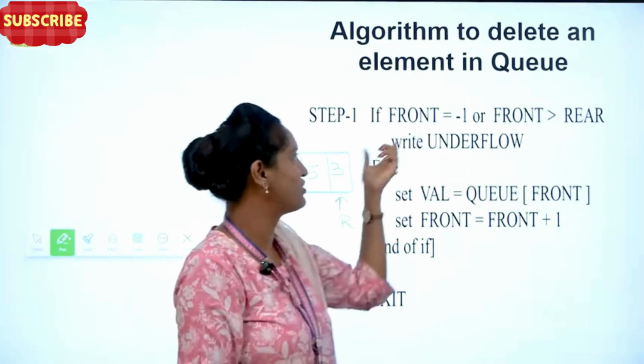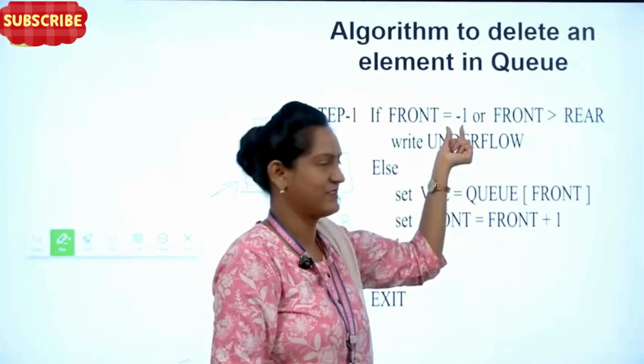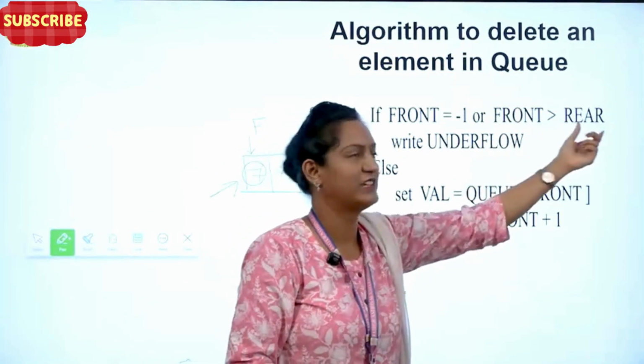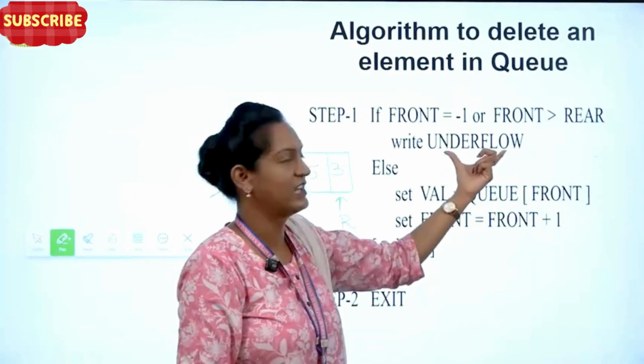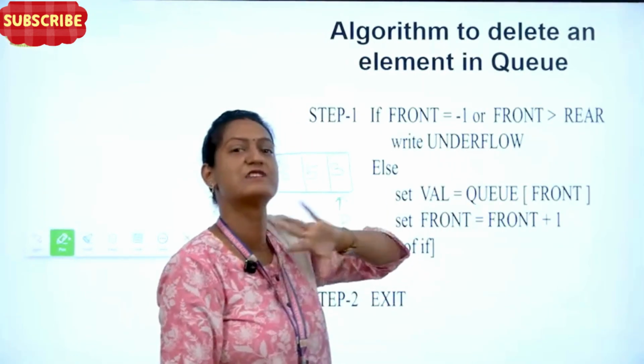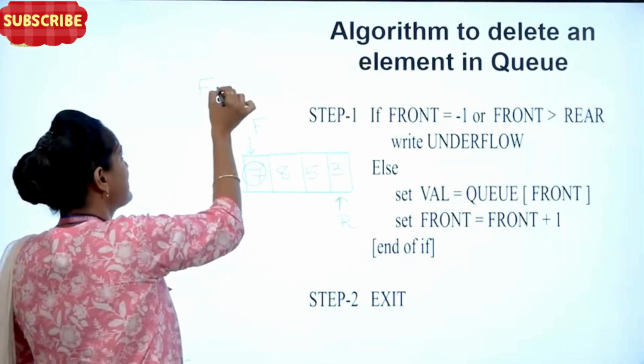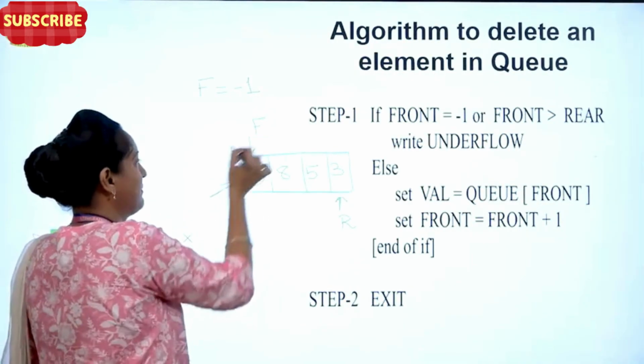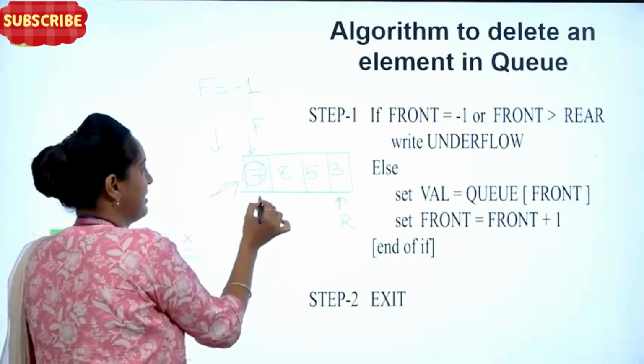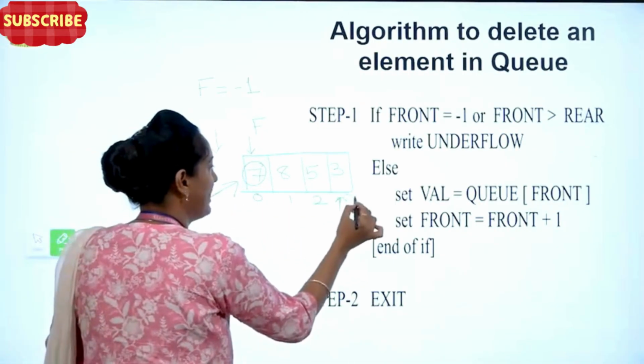So here we have to check if front equals -1 or front is greater than rear, then we will give an underflow condition. That means there is no element. If front equals -1, that means it is pointing somewhere outside, because the positions are 0, 1, 2 and 3.